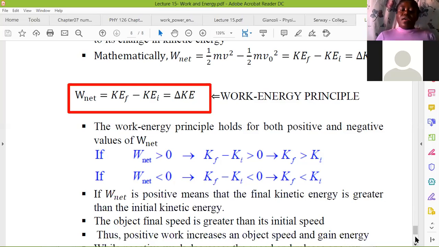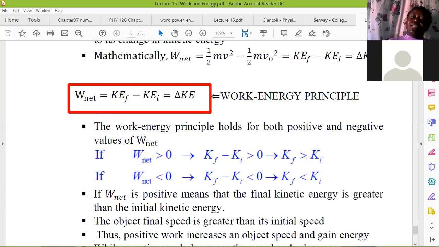If you have a positive work done, then the change in the kinetic energy is greater than 0.